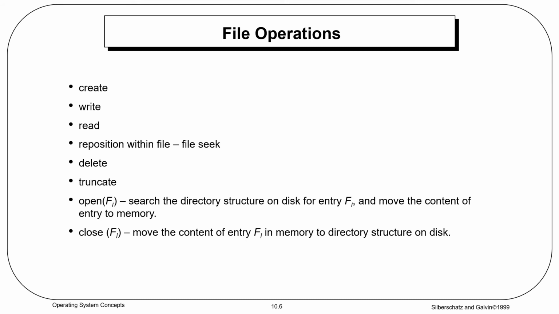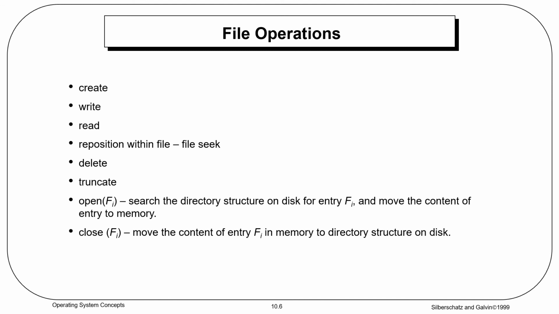Second, writing a file. To write a file, we make a system call specifying both the name of the file and the information to be written to the file. Given the name of the file, the system searches the directory to find the file's location.